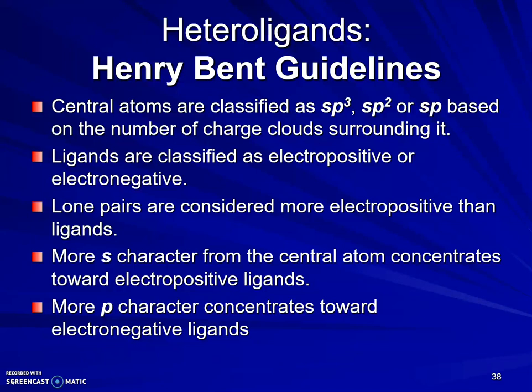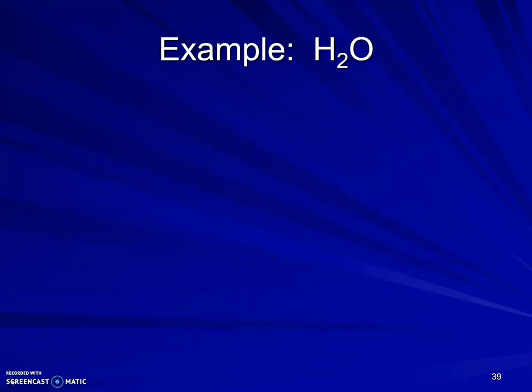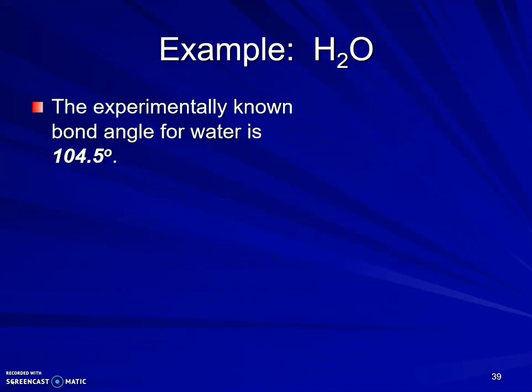A perfect example of this is the water molecule. We know that sp3 carbon, when we look at a molecule like methane, has a bond angle of about 109 degrees, but water has a bond angle of about 104.5 degrees. This is because lone pairs are more electropositive than hydrogen atoms, or hydrogen atoms we can think of as being more electronegative.